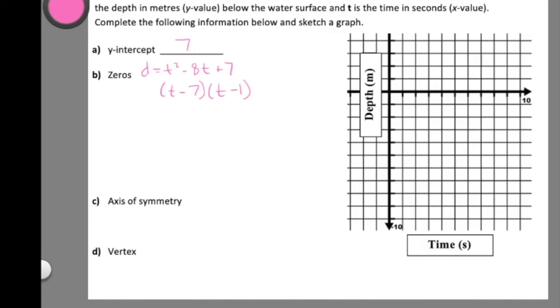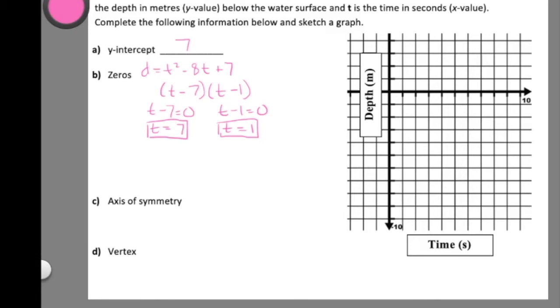Because if I solve this for t, t minus 7 equals 0, and I rearrange it, I get t equals 7. Same thing over here. If I have t minus 1 equals 0, I get t equals 1. Or you can just take the opposite of what is in the bracket. So the opposite is +7, +1.